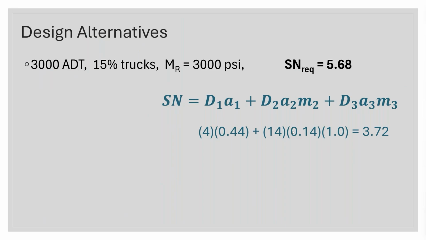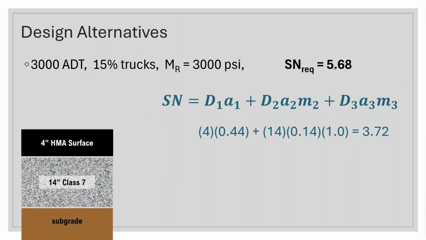So I take those two segments, multiply the factors, and then add those layers together, and I get a structural number that those layers would generate of 3.72. Well, that's not enough because I needed 5.68. So looking at this scenario, that's not going to be good enough. The other thing is I don't really have that third layer, so just keep in mind I did not include that portion. But this 3.72 is not enough, so I need to go back to the drawing board.